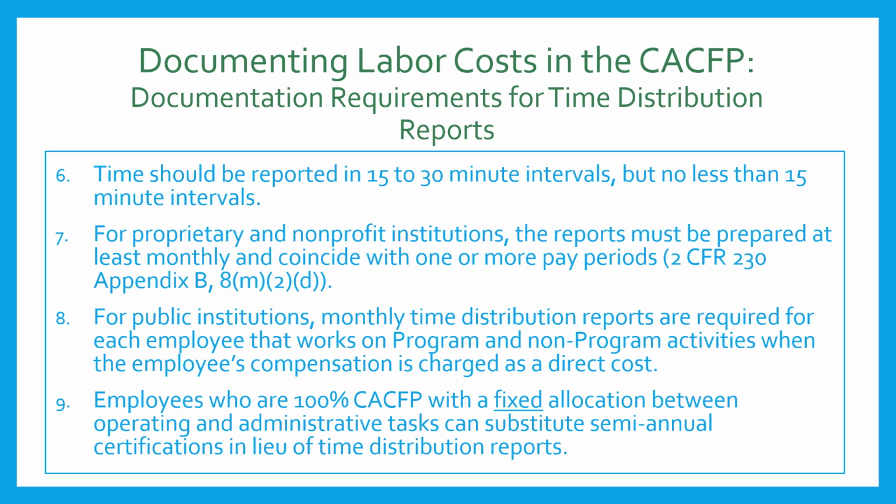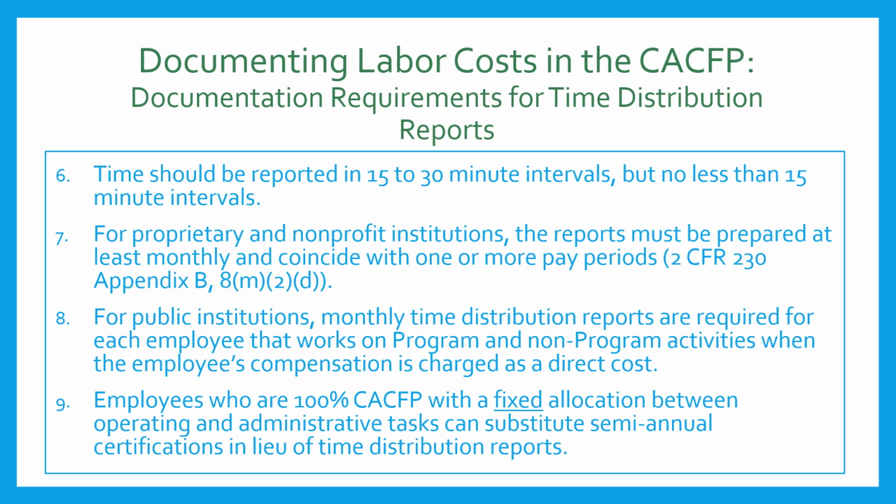F. Time should be reported in 15 to 30-minute intervals, but no less than 15-minute intervals. G. For proprietary and nonprofit institutions, the reports must be prepared at least monthly and coincide with one or more pay periods.